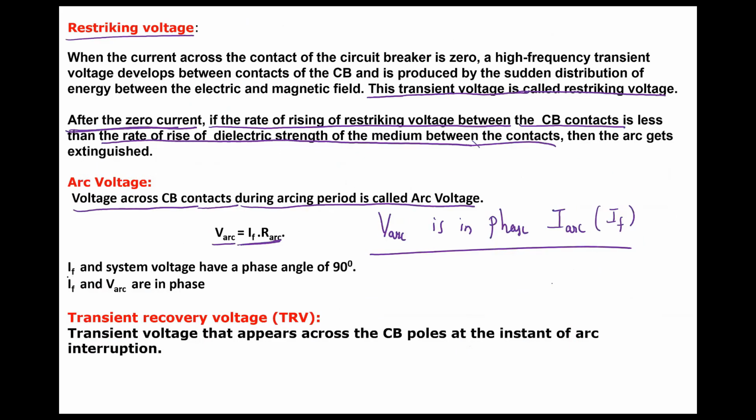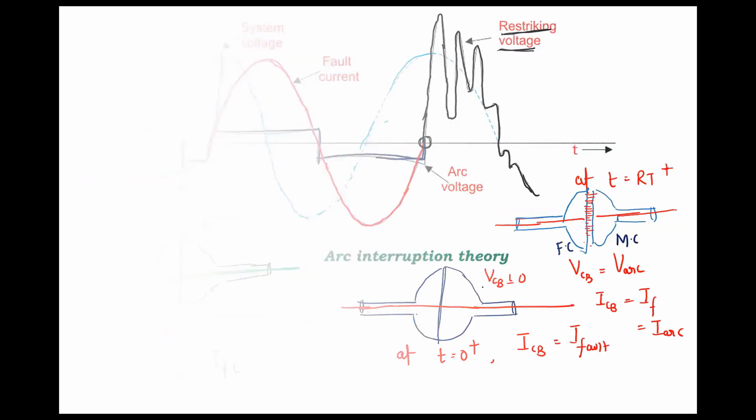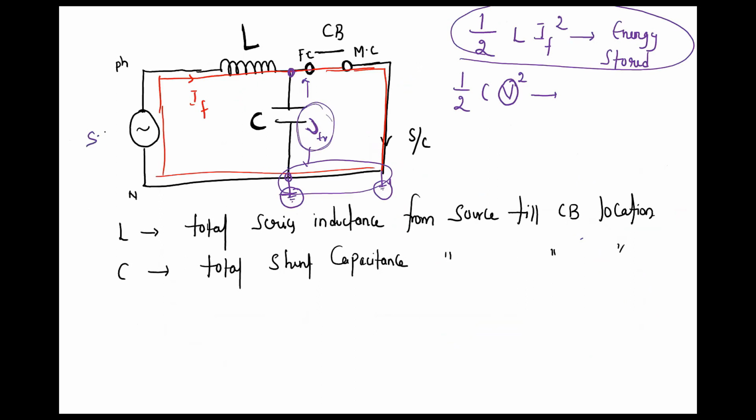The fault current and system voltage have a phase angle difference of 90 degrees, because fault current is purely inductive. If this is the system voltage, the generator voltage Vs, your fault current lags the system voltage by 90 degrees.